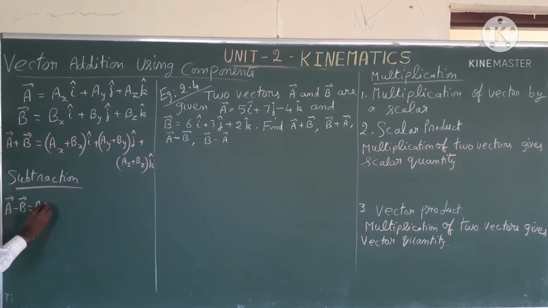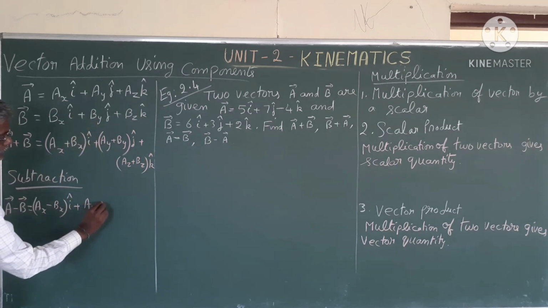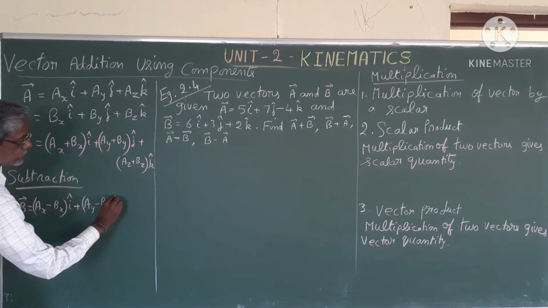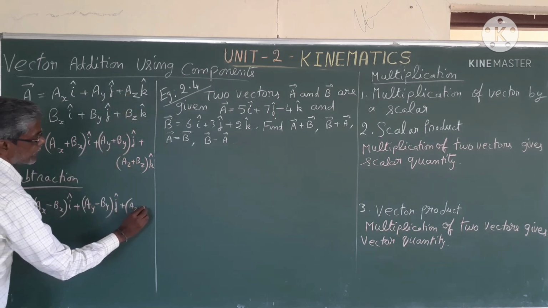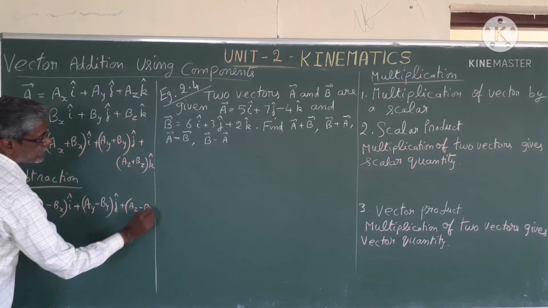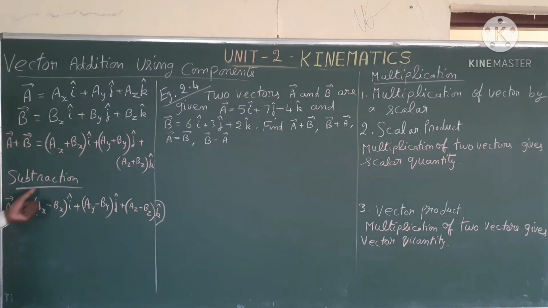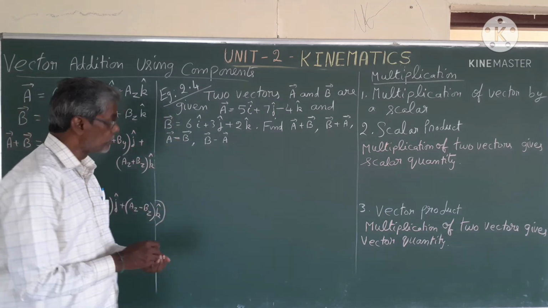So Ax minus Bx into i cap, plus Ay minus By into j cap plus Az minus Bz into k cap. This is subtraction using components. Now we will see an example problem.